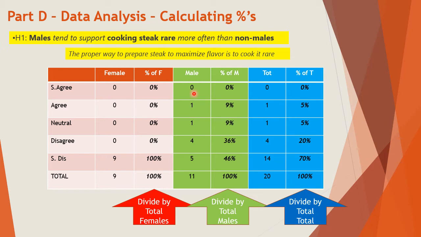It's not a trend that I would feel confident says supports my theory that males tend to support cooking steak rare. So it's not enough data to really validate that.